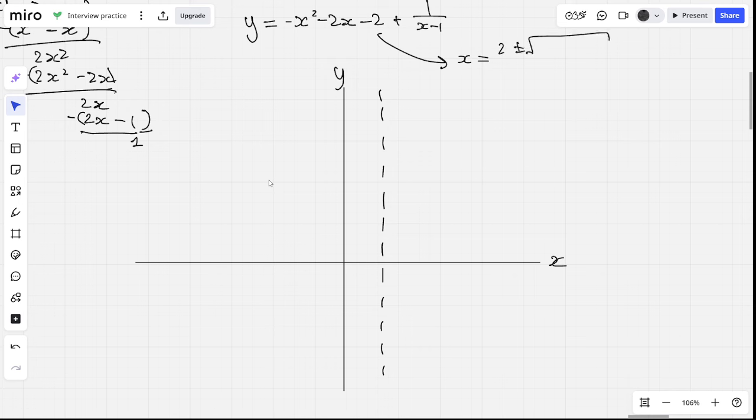Yeah, it has no root, so it's completely below the x-axis. So it's going to be something of the sort. Well, it is definitely going to come down to the other asymptote.